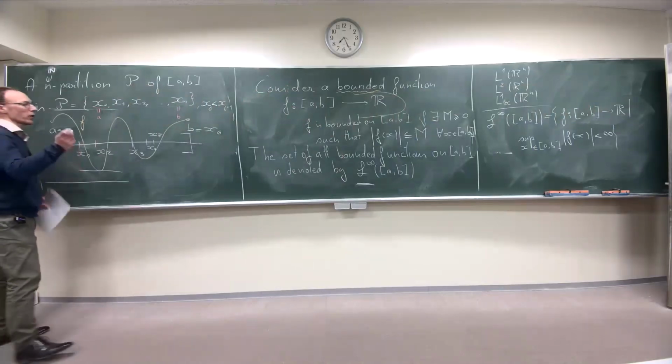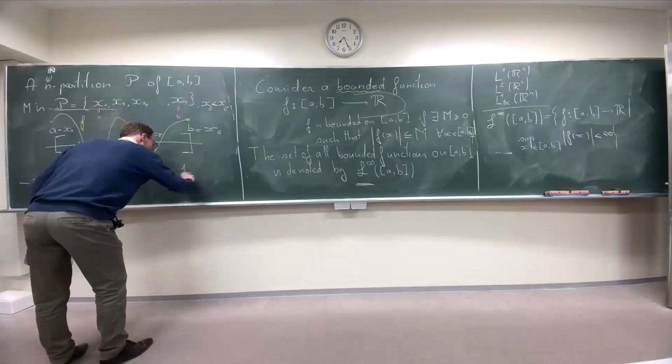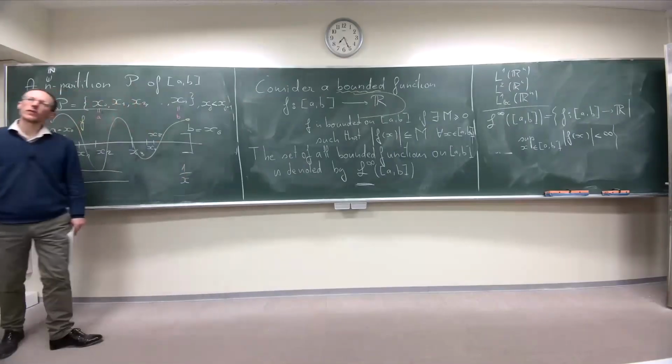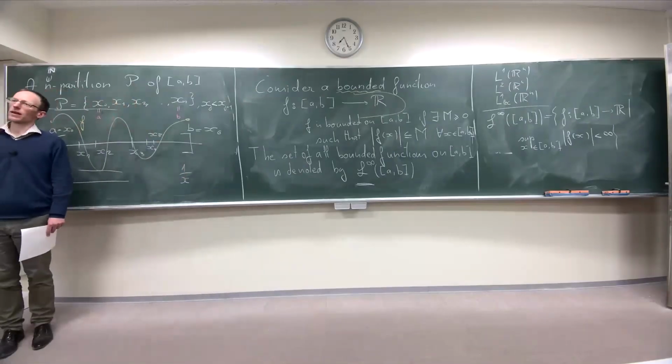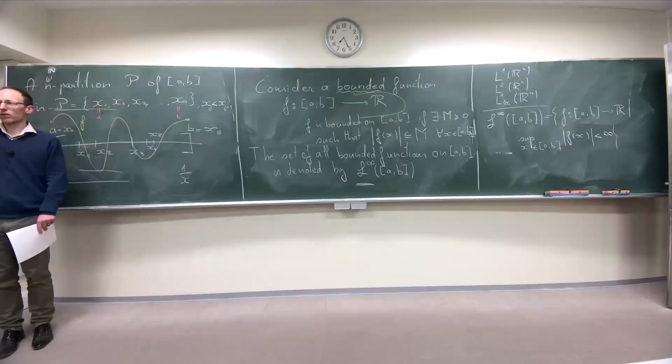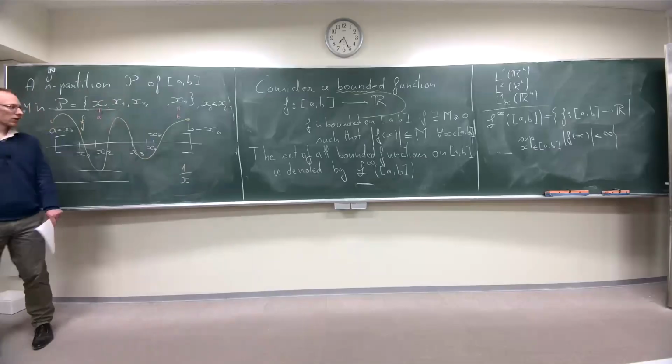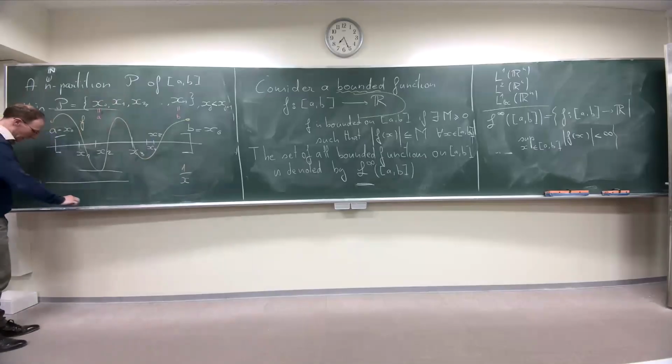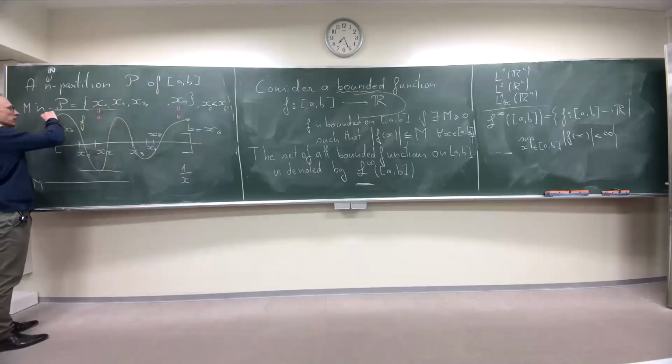For example, the function 1 over x, let me just give you this idea. The function 1 over x is not bounded at 0 because 1 over x goes to plus or minus infinity. So I should make a function which is not always continuous. Let me just draw a second one.